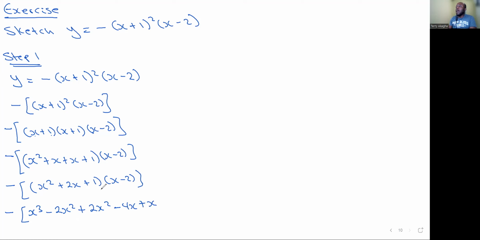And 1 times minus 2 will give us minus 2. Are you seeing it? And this is going to give us minus into bracket, x cubed. Now, minus 2x squared plus 2x squared will cancel out and give you 0. Minus 4x plus x will give you minus 3x, then minus 2.